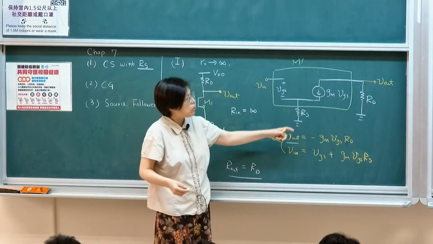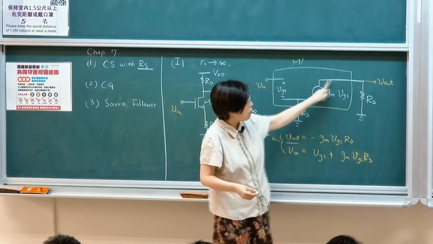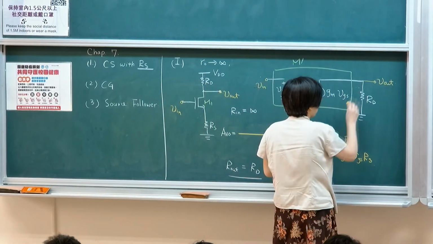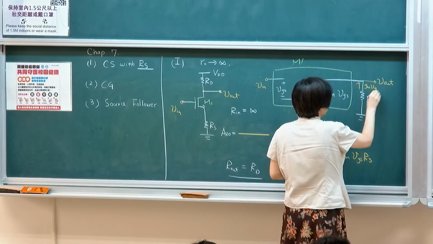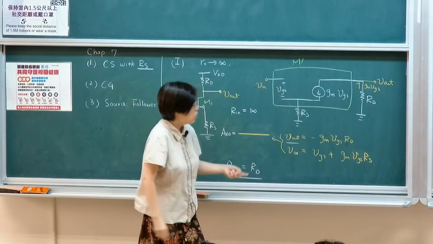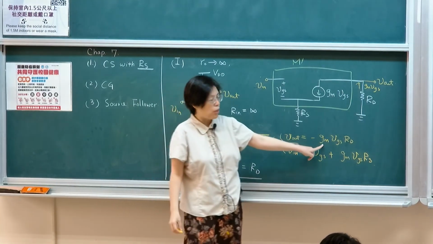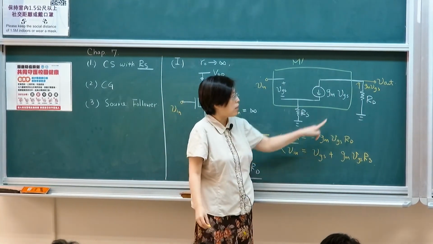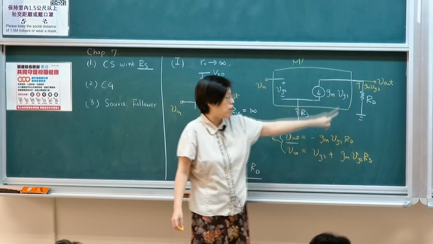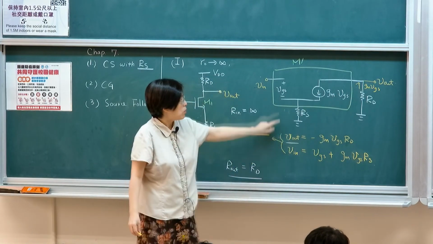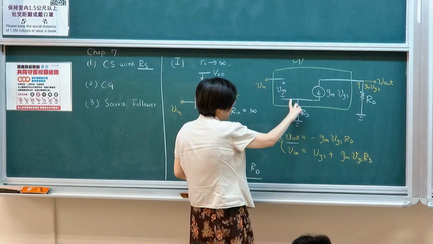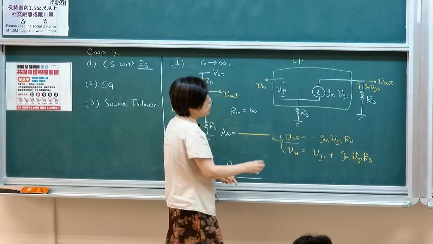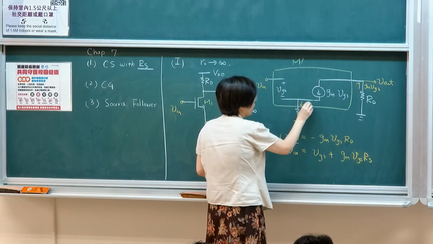The output voltage is basically this current. The current is the same. We know that the current is g_m V_GS going up. So the voltage at the output terminal is minus g_m V_GS times R_D. The minus sign is because of the direction of the current. And your input voltage is V_GS plus the voltage drop on R_S, where there's only one current coming down.